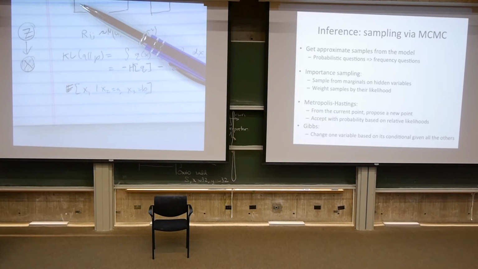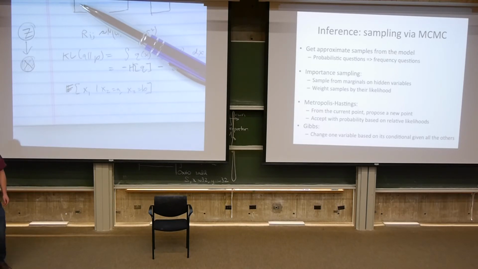The easiest way is you just use a normal distribution around your current point. And then based on the likelihood ratio of the current point and the proposed point, you'll either move to the new point or you'll say, no, the new point's no good, I'm going to stay where I am. And if you do that in the limit, eventually you have a set of samples from the original distribution.